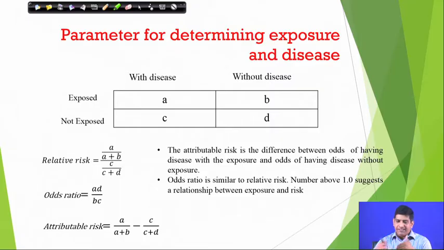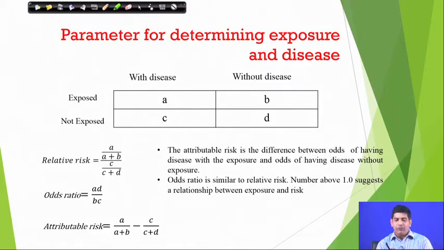B and C are those not exposed but getting the disease, or exposed but not getting the disease. So, that is A multiplied by D divided by B multiplied by C. That gives us the odds ratio, and if it is greater than 1, it gives us some indication that yes, exposure and risk are related.